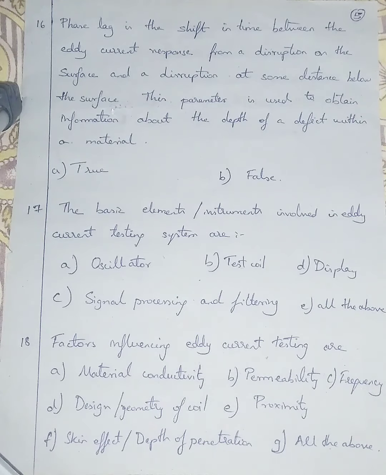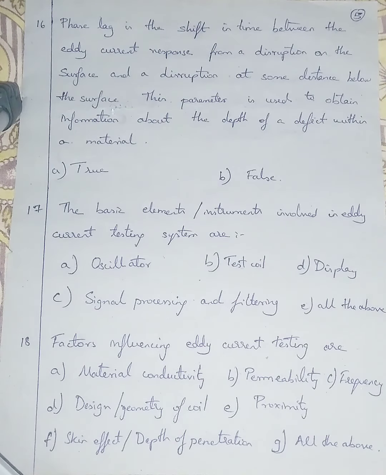If there is a disruption on the surface, when eddy current is used to test the defect on the surface, if we get the response in t seconds, then if there is a defect in the inner surface, we'll get it in t plus 1 second. So there is a difference in testing time.